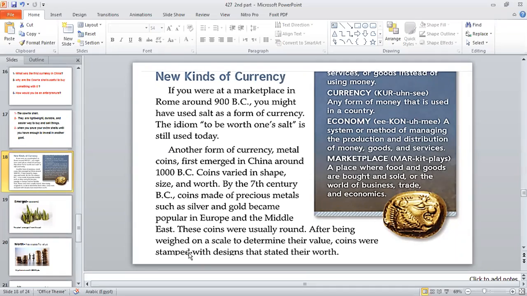After being weighed on a scale to determine their value, coins were stamped with decisions that stated their worth. To know their value, they can weigh them, put them on the scale. To determine here means to know the value of this coin.